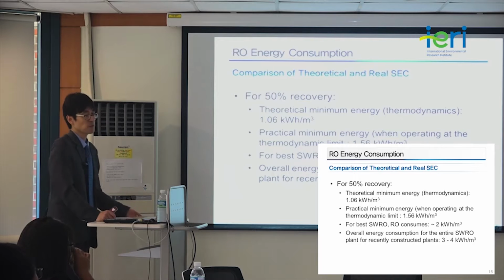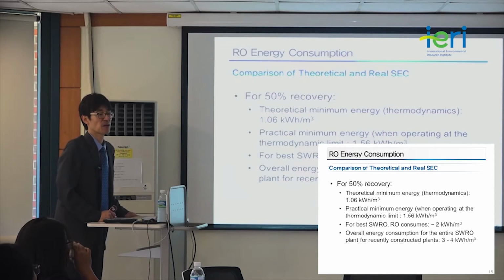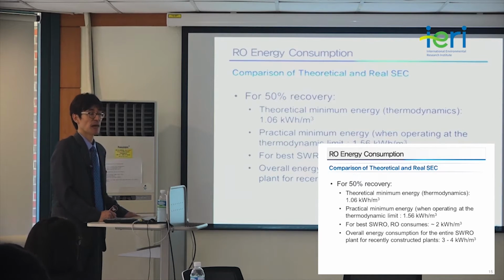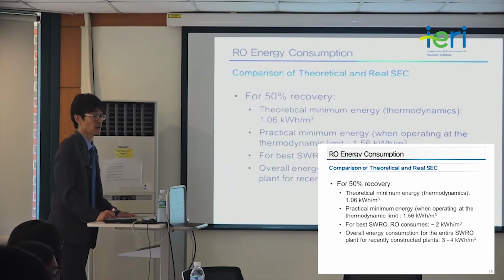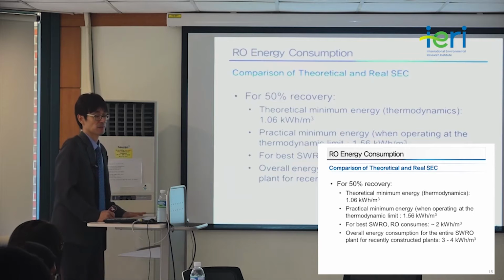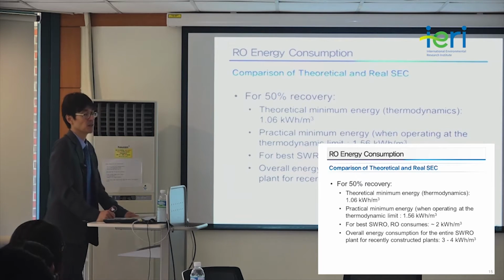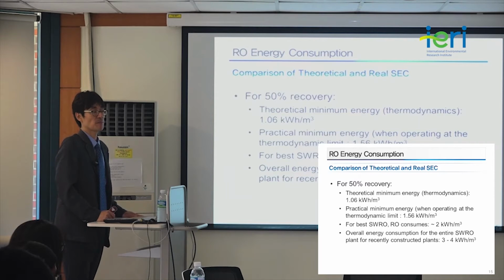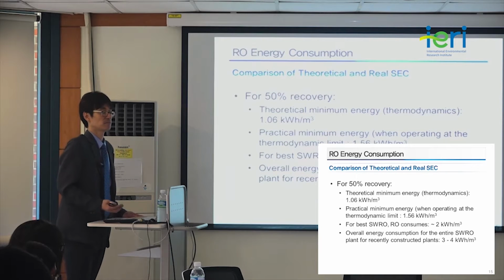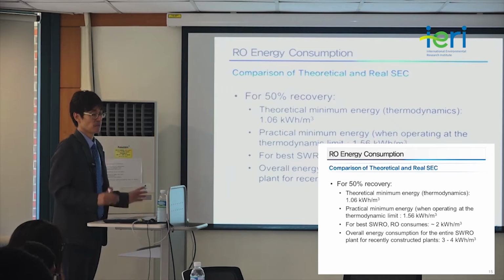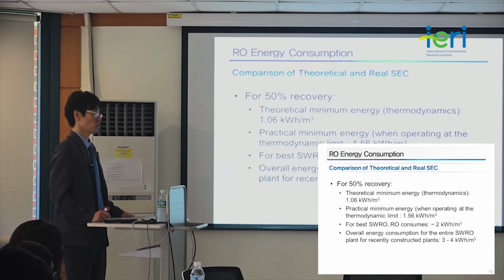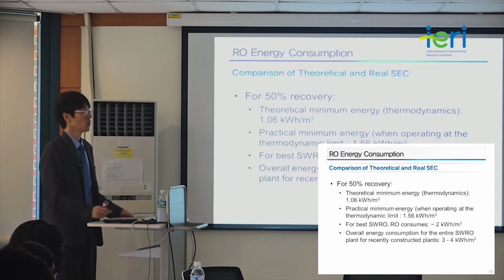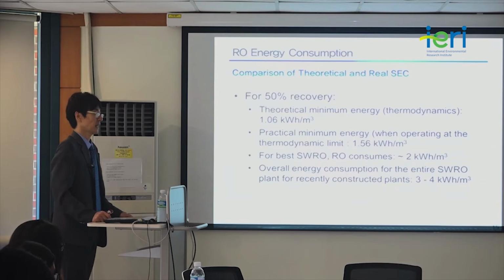Of course, if we consider brackish water desalination, since we have lower osmotic pressure, we'll spend a lower amount of energy. But in case of brackish water desalination, there is no standard number for the energy consumption, because brackish water has different characteristics and different salt concentrations, so there's no standard value.